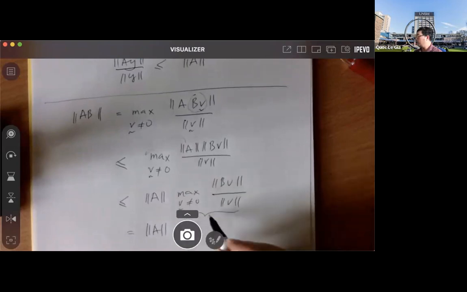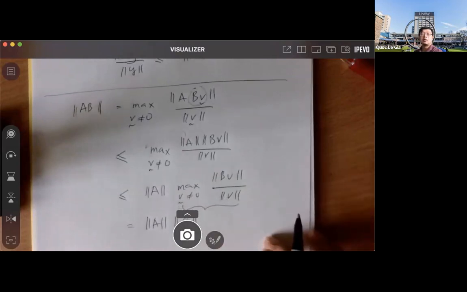Yes, just the norm of B, by definition. So this is the norm of matrix B. Okay, so that is how you prove it.